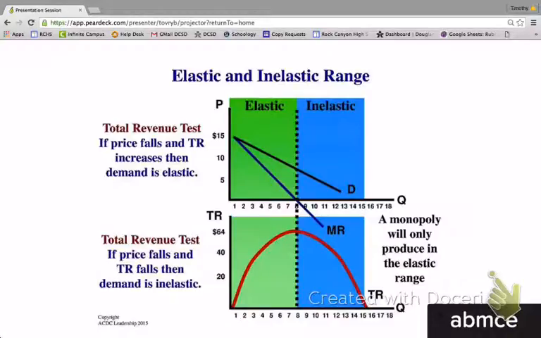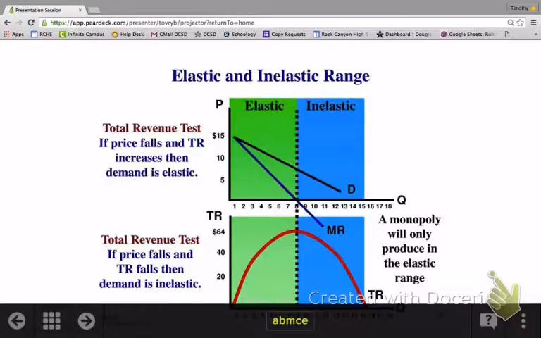But once we get to the inelastic range of the demand curve, when price falls, total revenue is falling, you see that in the graph here, and demand is inelastic. So a monopoly is only going to produce in the elastic range of its demand curve, because if it produces in the inelastic range, total revenue would be falling, and marginal revenue would be negative.